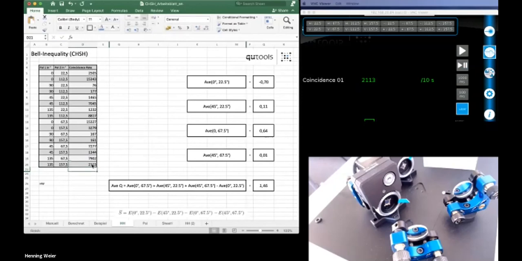Okay, so our average Q is 1.46. Now that's a bit disappointing, right?